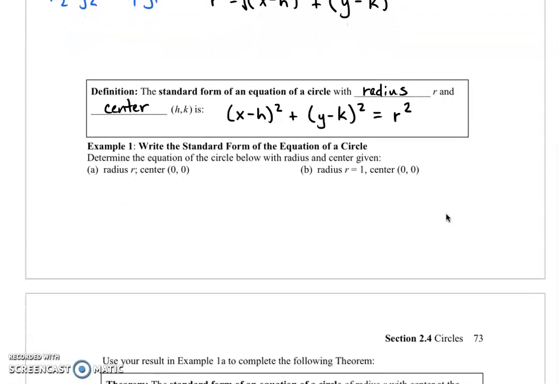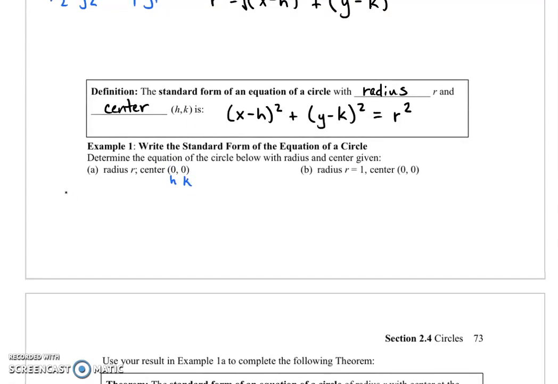So let's write the standard form of the equation of the following circles. We have a radius r and we have center (0, 0), and that's our h and our k.